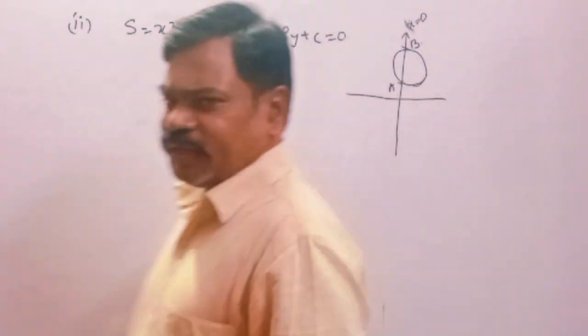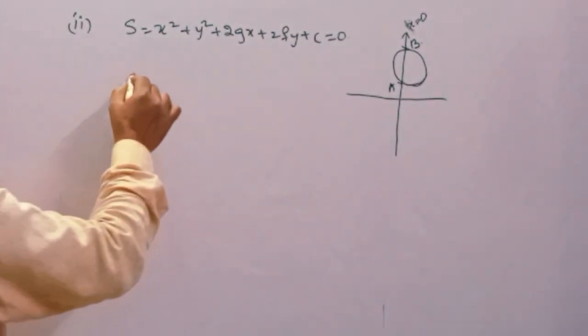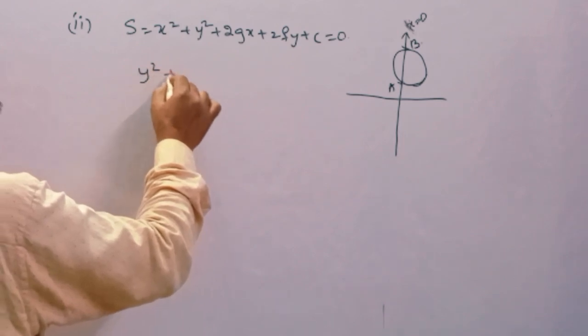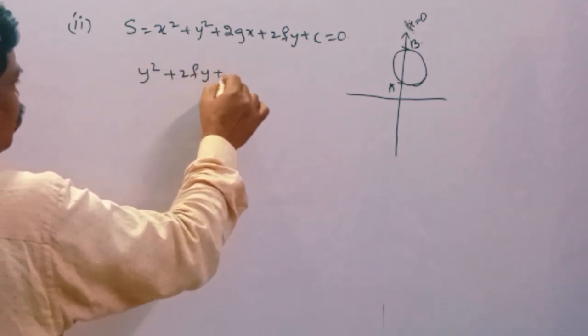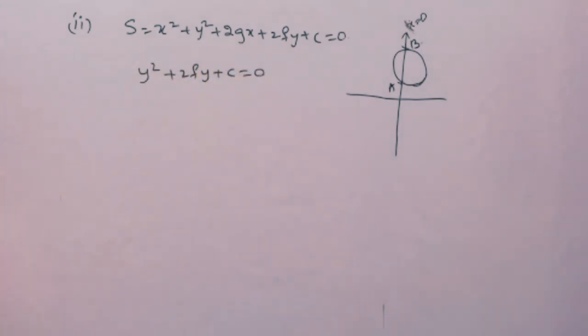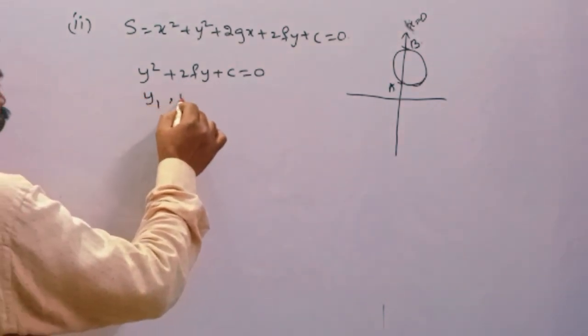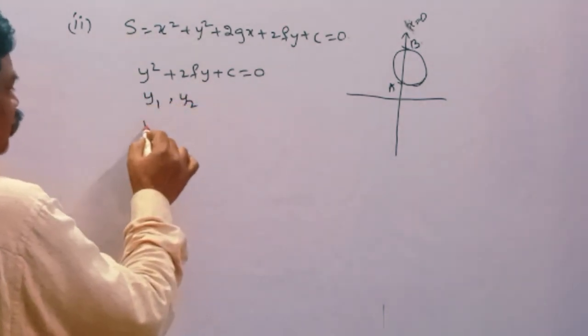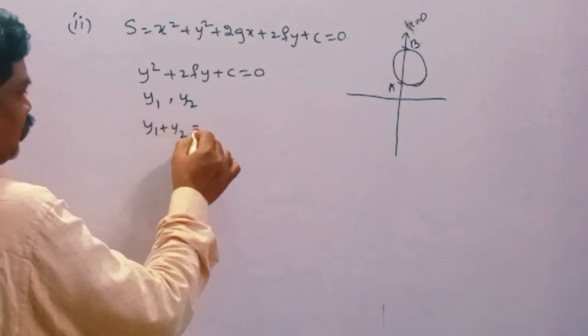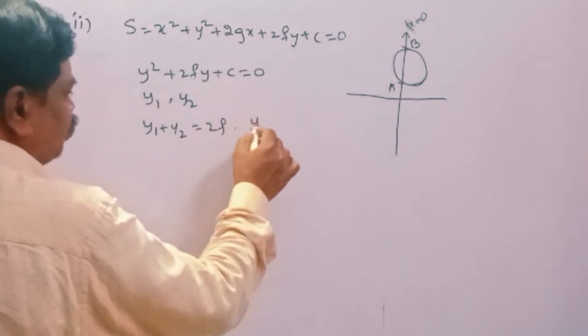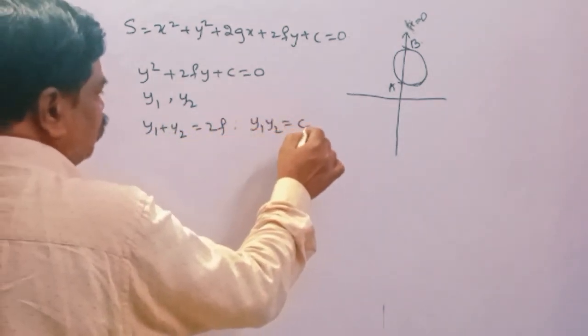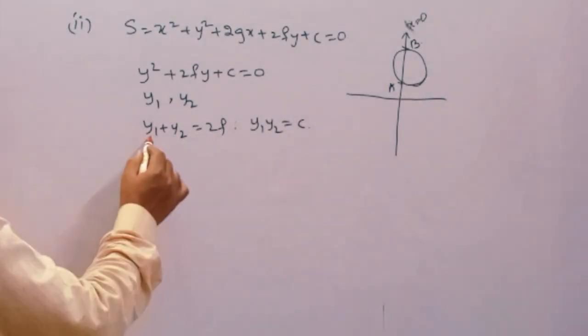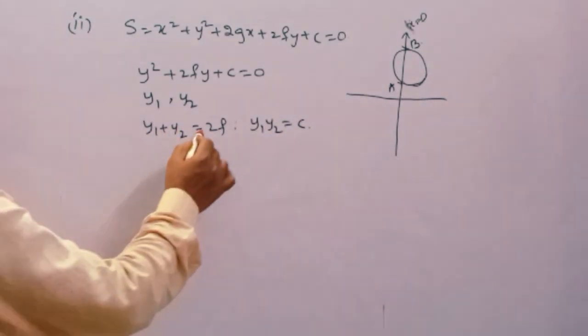Then the circle equation changes to y square plus 2fy plus c equal to 0. And here y1, y2 are the roots. y1 plus y2 is equal to minus 2f. y1 into y2 is equal to c.